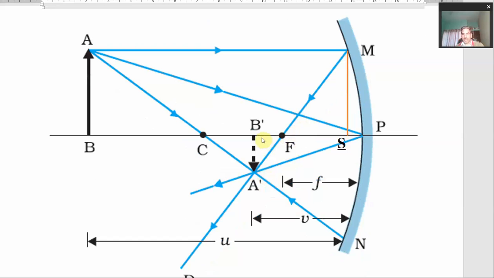So for this side in this triangle, the corresponding side of the other triangle is MS, which can be written nearly as MP because S lies very close to P. So the ratio of A'B' to MS, meaning MP, will be equal to the ratio of B'F to FS or FP.